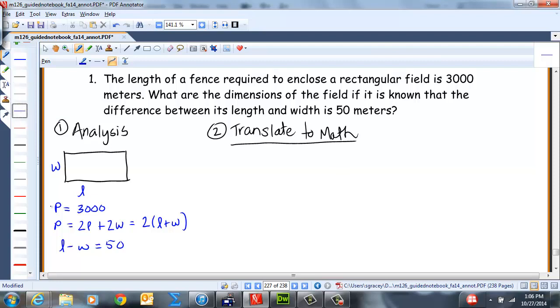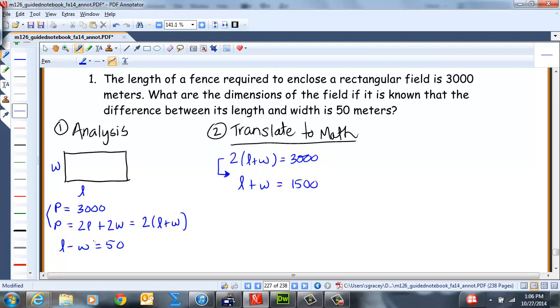Let's put together these two parts and say double the length plus the width is equal to 3,000. So in turn, if we divide both sides by 2, we will have the length plus the width is what? Good, 1,500.